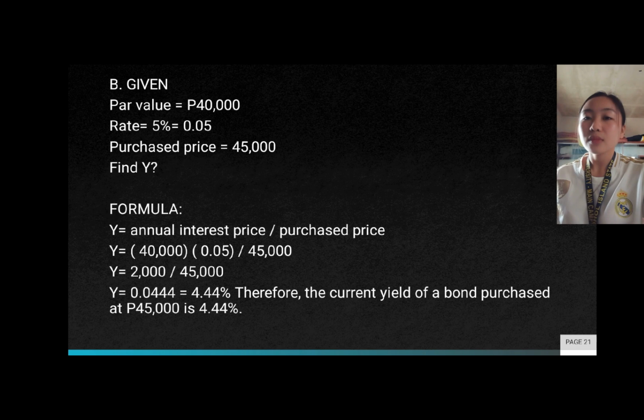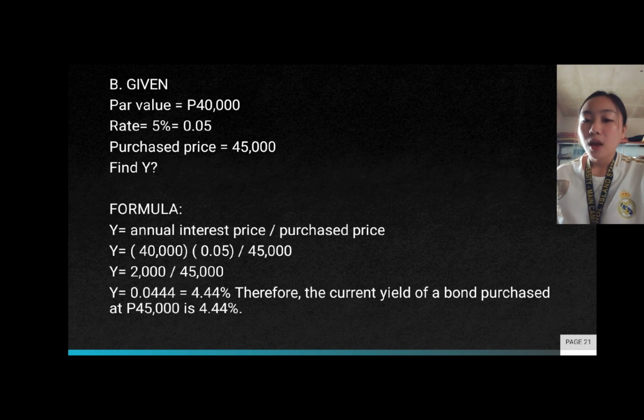So let's have here the given B, where we are going to find the current yield at a purchase price of 45,000. So the par value is equal to 40,000 pesos and the rate is 5%, equal to 0.05, and the purchase price is 45,000. Find Y. So the formula is Y, or the current yield, is equal to annual interest over purchase price.